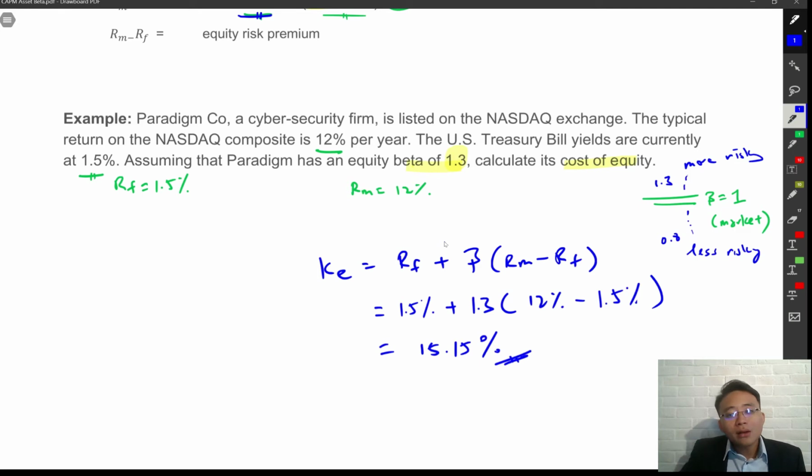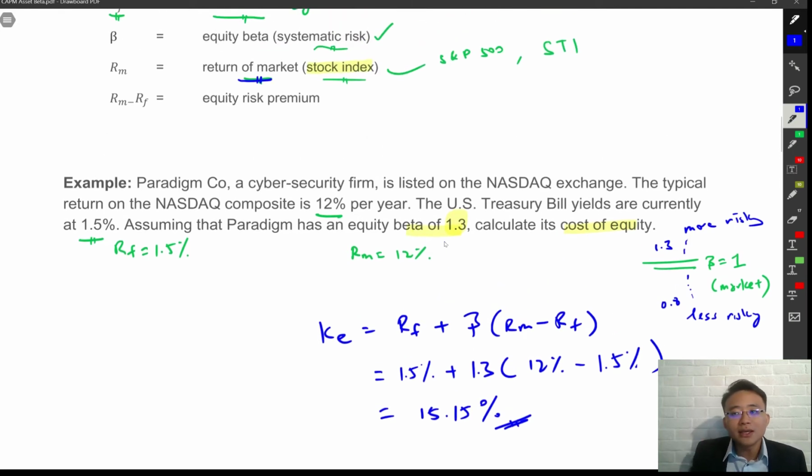Okay? One last point to add in is, sometimes your question might just tell you the equity risk premium. Alright? When they say that to you, they are actually calculating RM minus RF, which in our case, if I want to ask for Paradigm, what is the equity risk premium, it would then be 10.5%.